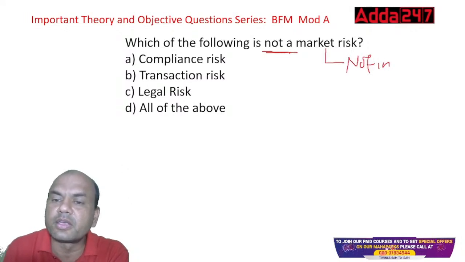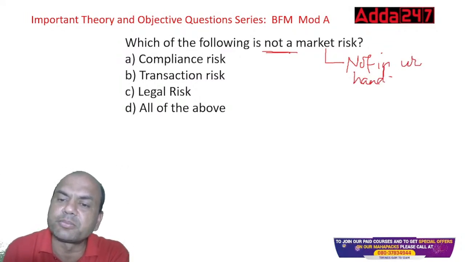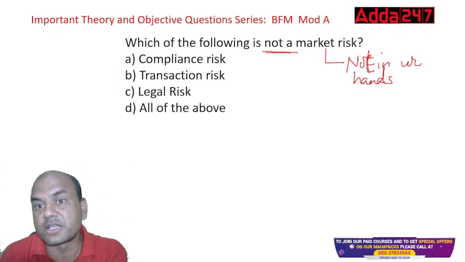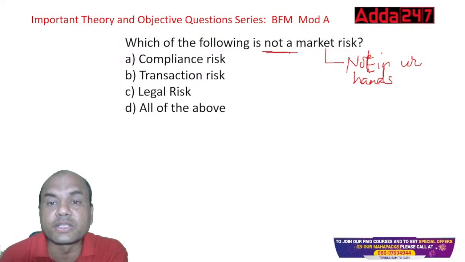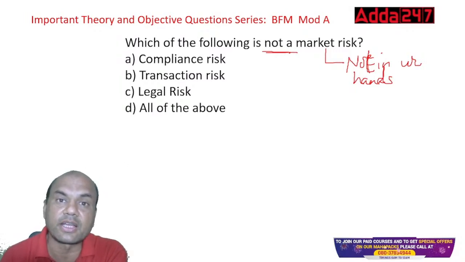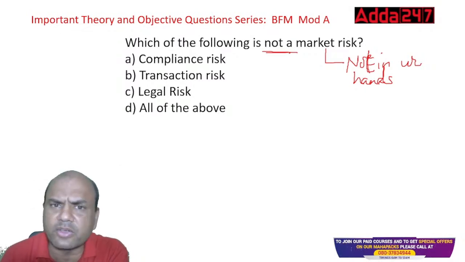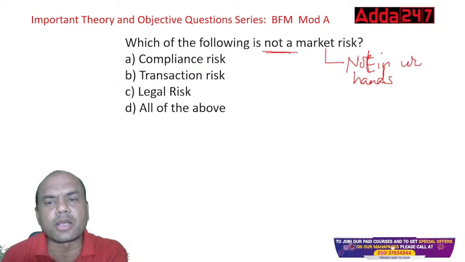Keep it very simple language. Russia-Ukraine war, not in your hands. Then the COVID situation, not in your hands. RBI changing the repo rates, not in your hands. So this is all market risk.